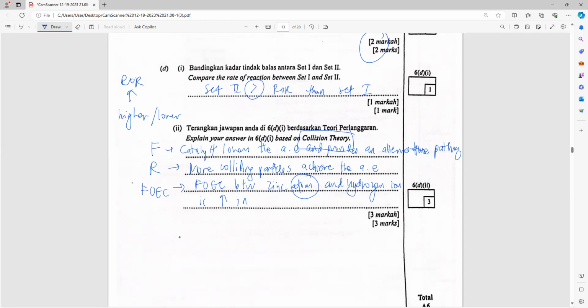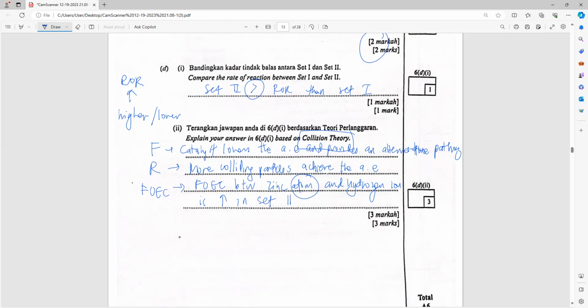Sometimes when you're doing FOC and FOEC, you need to say the name of the particle. So it's higher in which set? In set 2 or in set 1? Very good. In set 2.